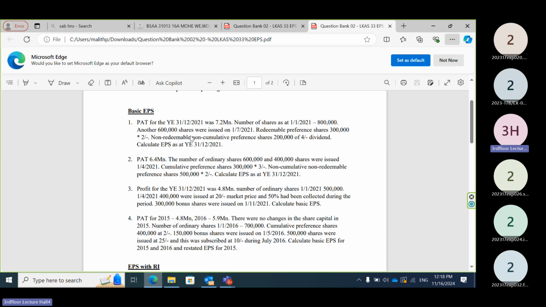Preference shareholders don't have that much power to take decisions. Sometimes they earn a dividend, sometimes they earn interest. Depending on this, you have to do an adjustment to profit after tax. That's why it was given.